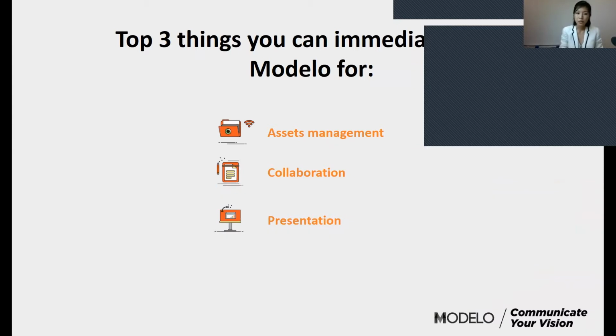You can use Modelo to do your asset management, meaning you can manage all of your 3D and 2D information integrated in one place, with quick share. You can use Modelo to collaborate, stay on top of the design process, and give feedback right away. You can use Modelo to do presentations and let your client engage with you in the design process.